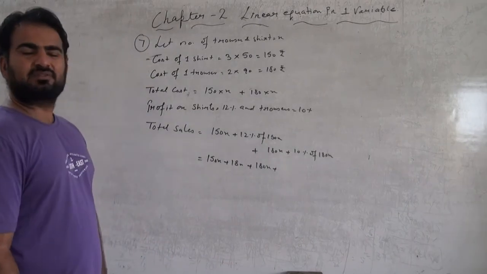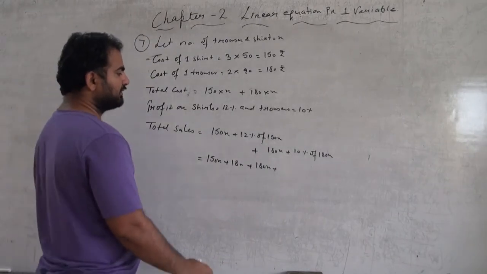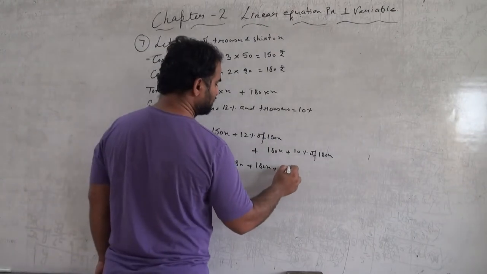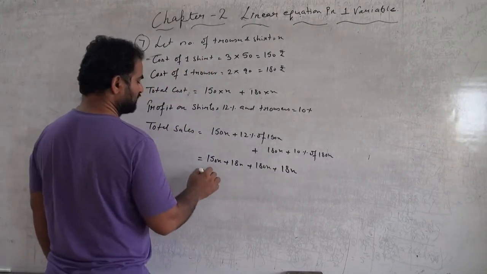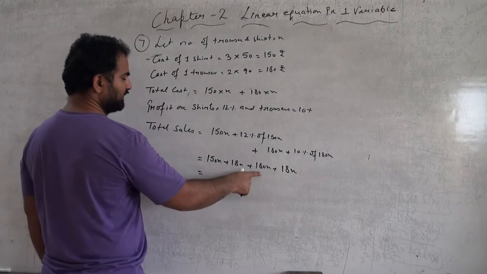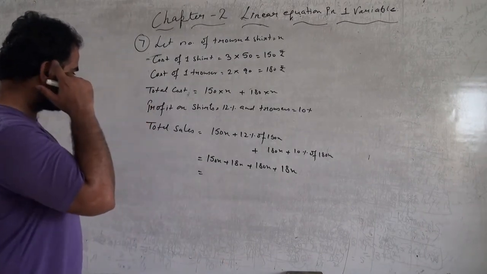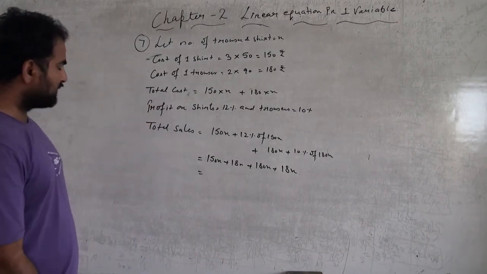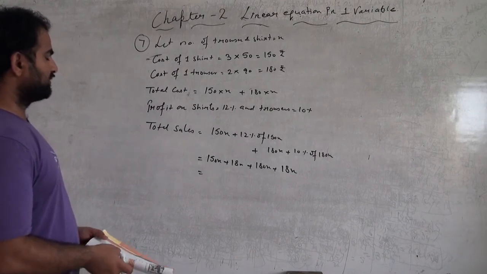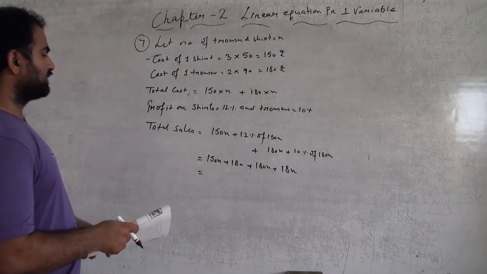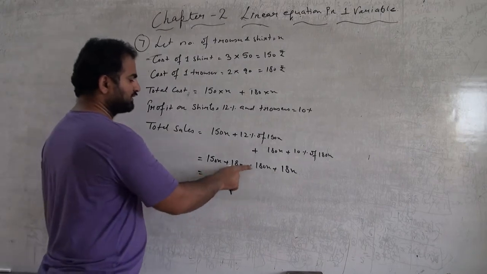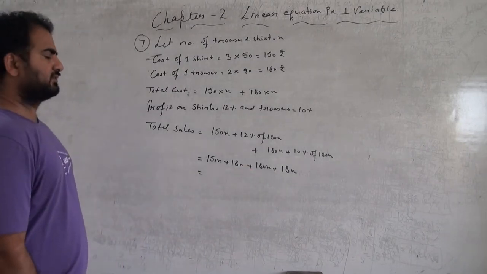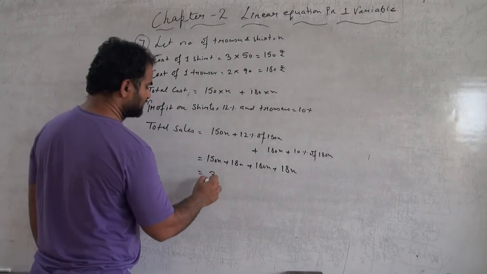What is 10% of 180x? It will be 18x also. Now 150 plus 180 equals to 330, and then 18x plus 18x is 36x. So it will be 366x.